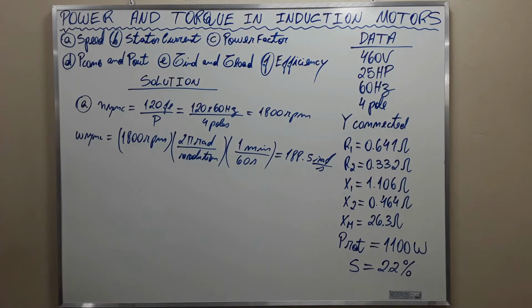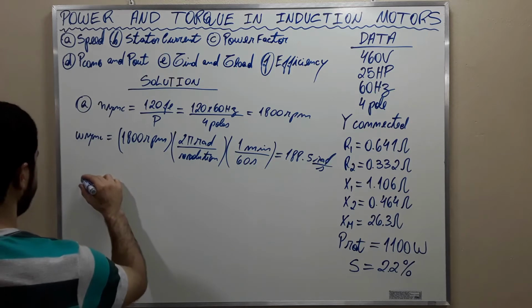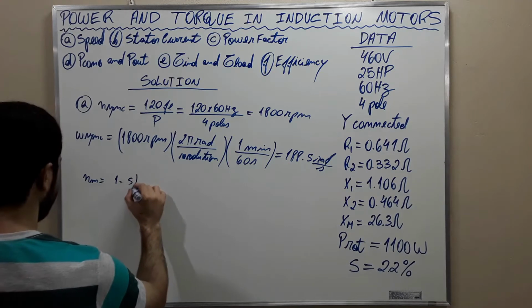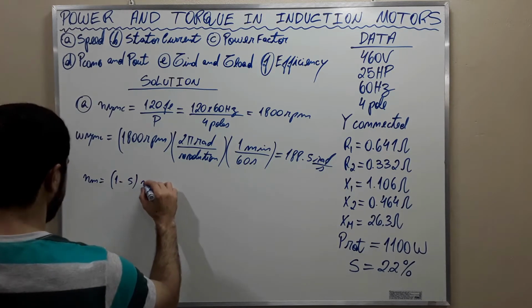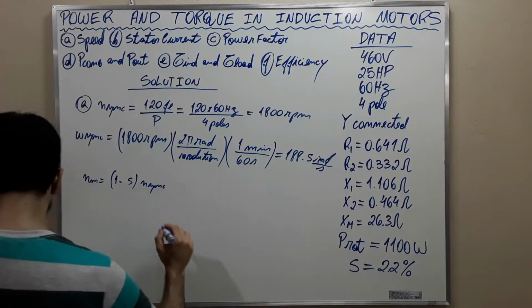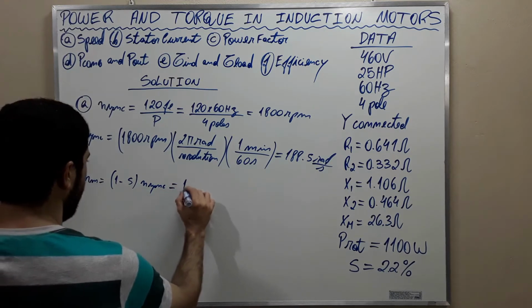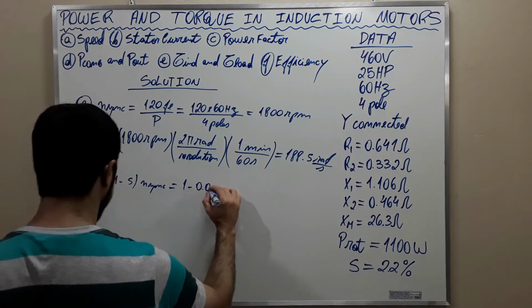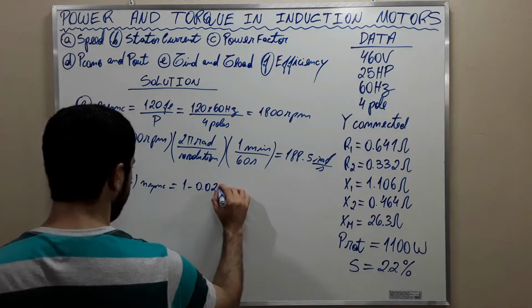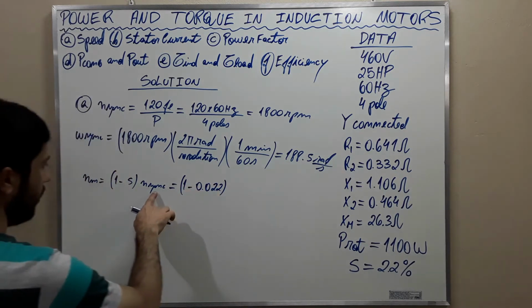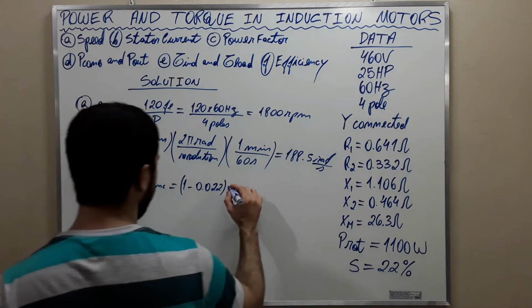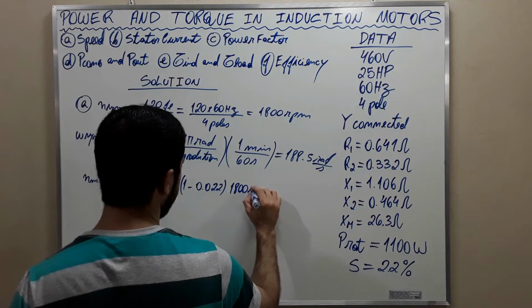The rotor's mechanical shaft speed is 1 minus the slip, which is 2.2%, times the synchronous speed that we calculated to be 1800 RPM.